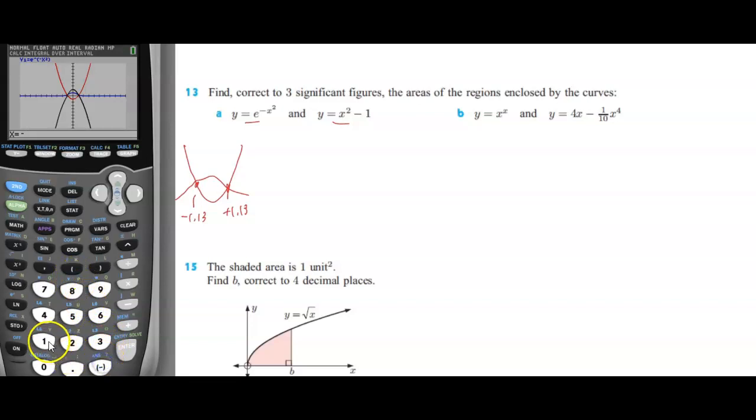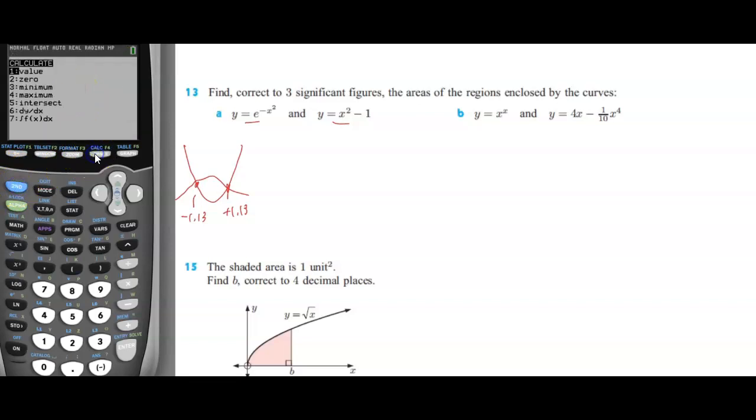Negative 1.13, enter, and positive 1.13, enter. Oh, I integrated the wrong one. I need to integrate the black one.